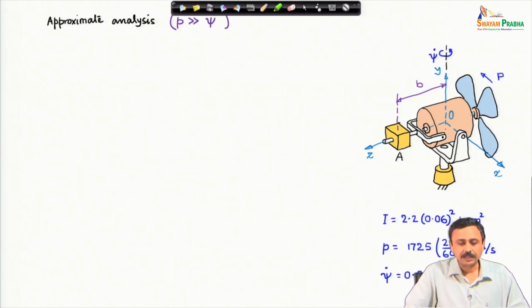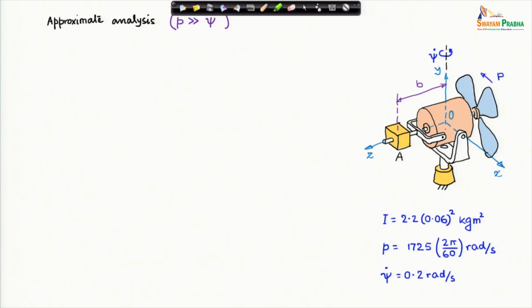Let us proceed with this calculation. We will use an approximate analysis in this case. We will assume that the spin of the fan is much higher than the precessional angular velocity, which it is. If you look at the spin angular velocity and the required precessional angular velocity, the spin is much higher than the precessional angular velocity.